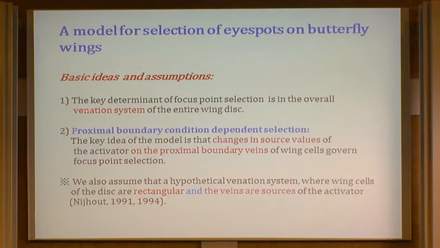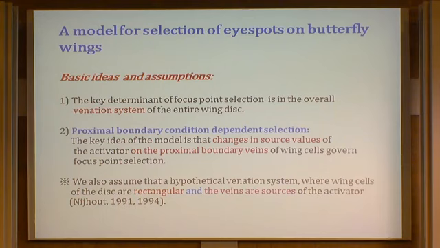The second key idea of our model is that changes in the source value of the activator on the proximal boundary vein of the wing cell govern focus point selection. So we call it proximal boundary condition dependent selection.